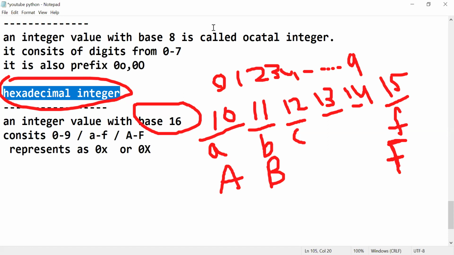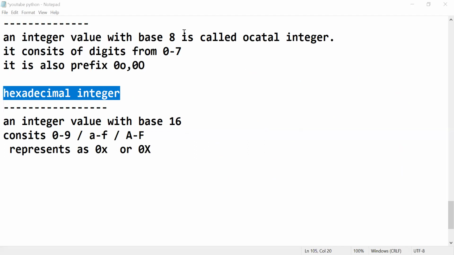Now I will take one example, then you will understand what hexadecimal is. I am taking the example number 170, with base 10.